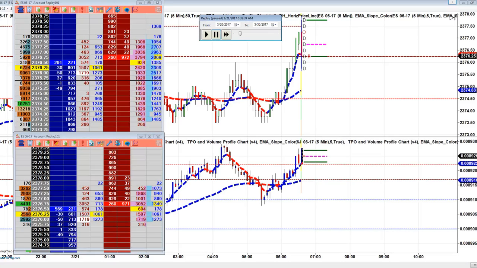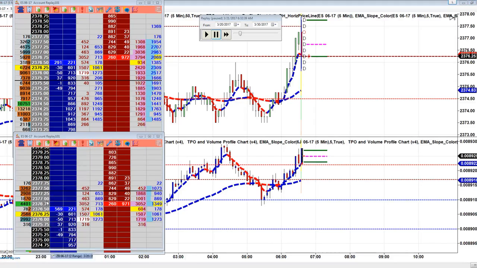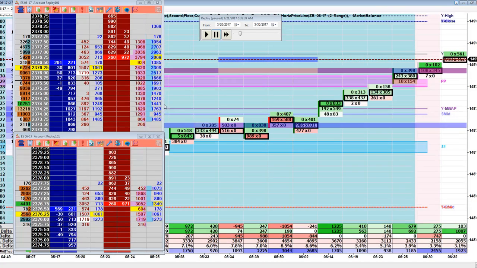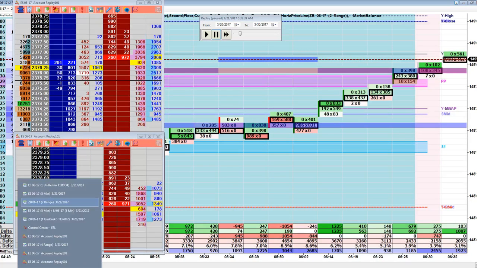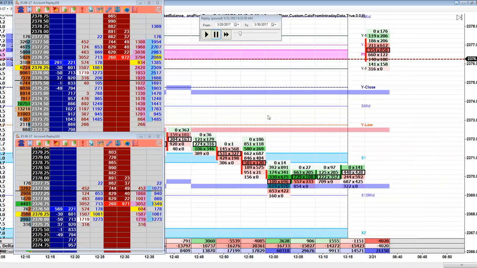So I'm going to go back to this other chart now so that you can see what's going on with the footprint and with the dome. That's the ZB. I'll show you my trade there. Let's see, which one is this?